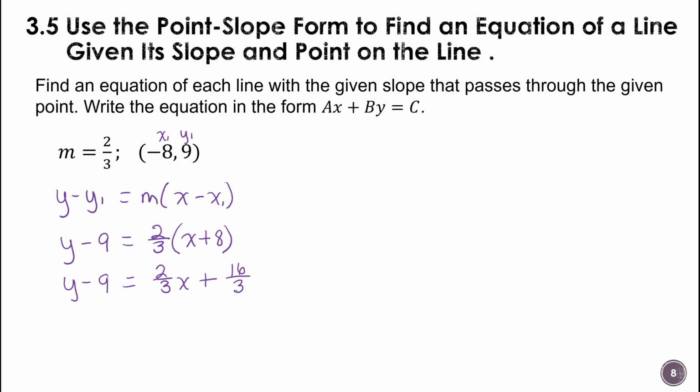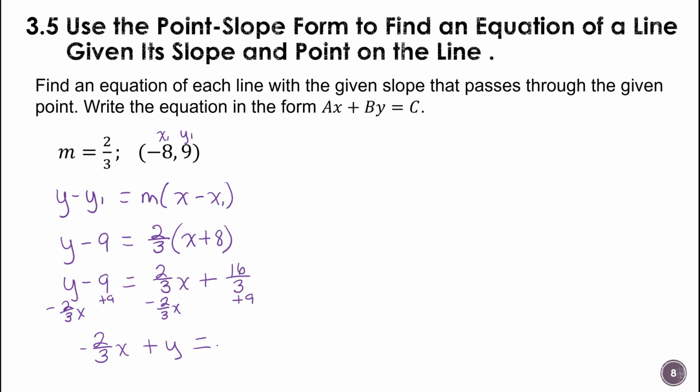So simplify the equation, get it written in the right form: 2/3 x plus 16/3. Now, on this one, we actually want to get rid of these fractions because when we're writing this in standard form, we won't have fractions. But I'm going to do this first. I'm going to subtract the 2/3 x, and I'm going to add the 9. And so now we have negative 2/3 x plus y equals.